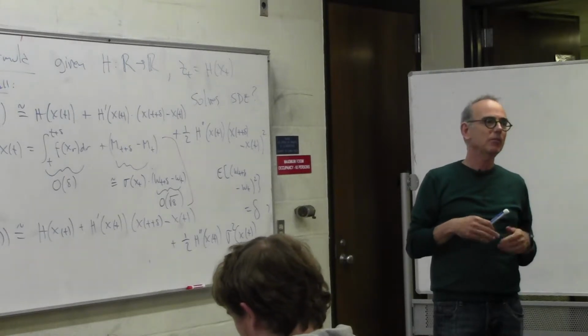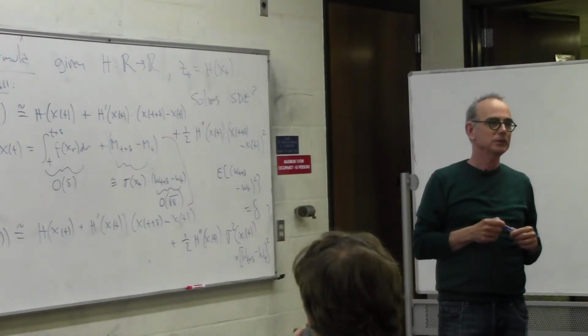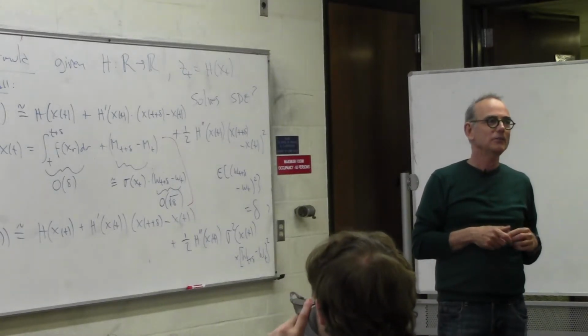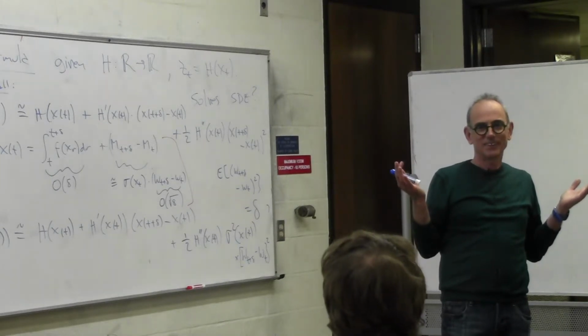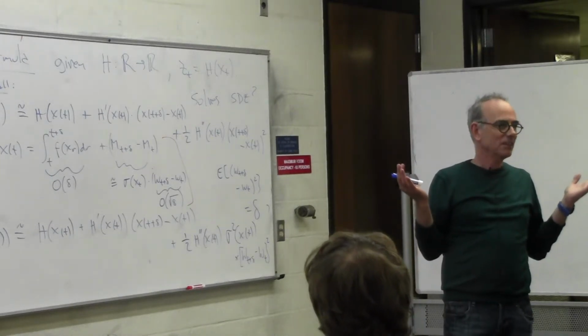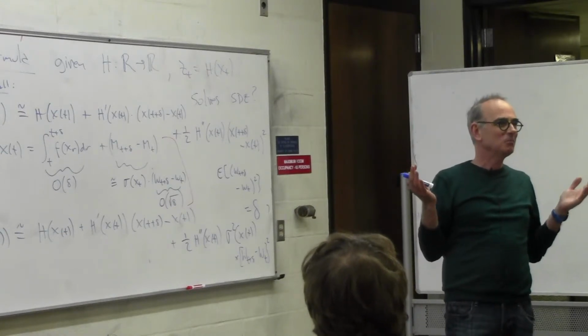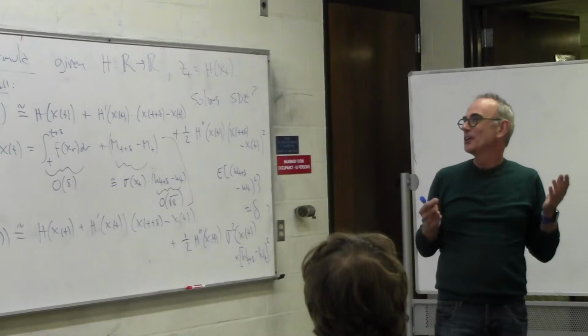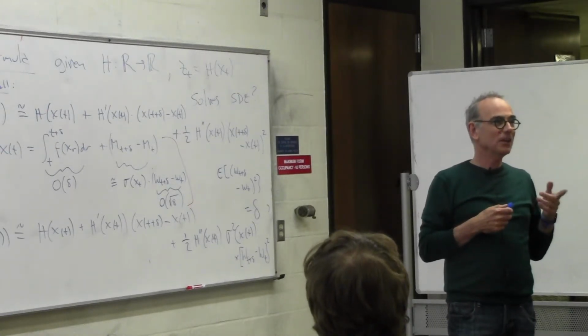X of t is a position of some robot, and it's being pushed by noise. You'd like to know, yeah, stability. Is the robot stable? Oh, thank you. I wanted much less than that, but yes, stability. You'd like to know if x_t is crashing off to infinity or not. Boy, did you get it right.